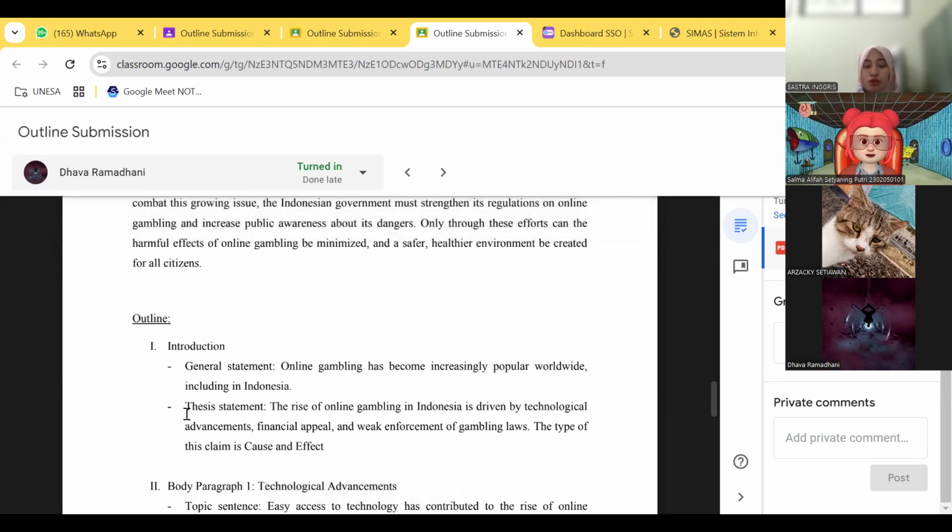But I think these two points here, technological advancement and financial appeal, are not quite convincing. So you need to change your two points here, Dava.